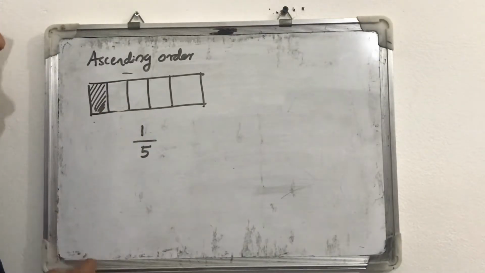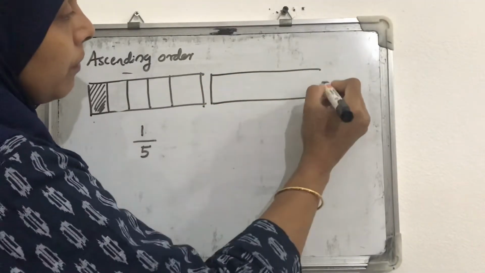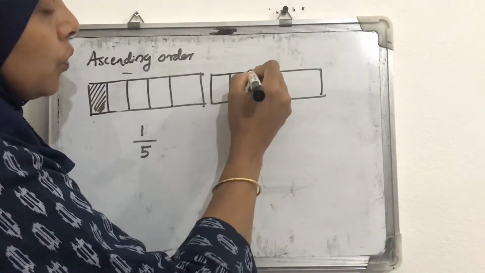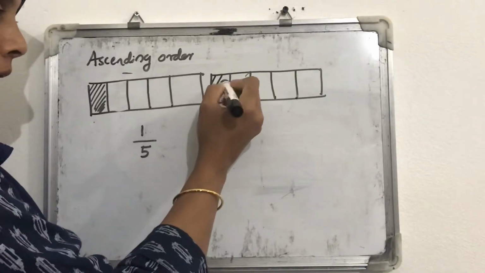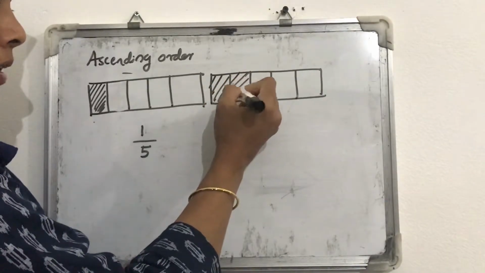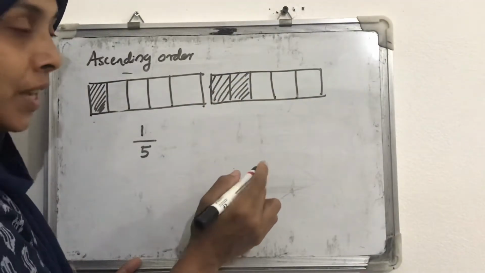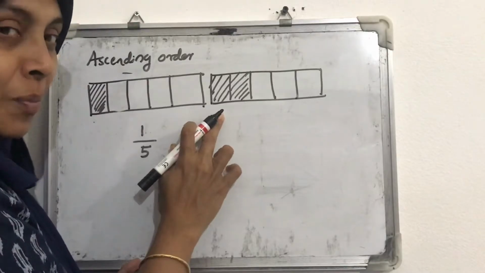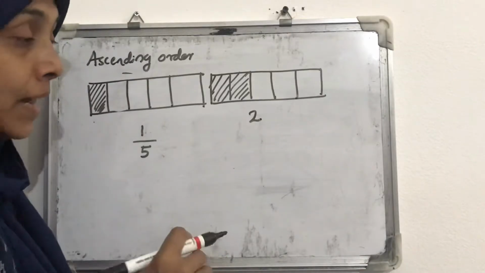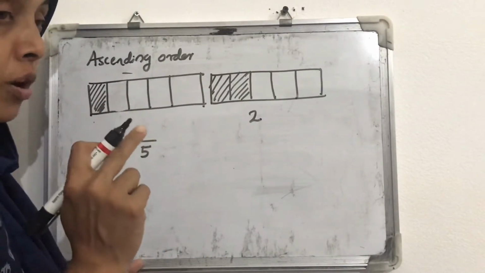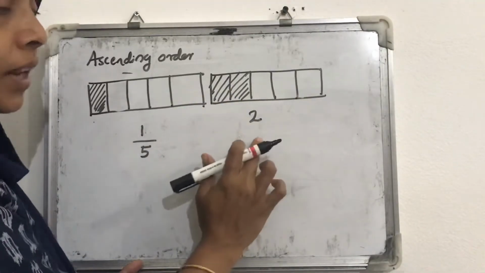1 by 5. Now the same figure I divided also into 5 equal parts. If we shade only 2 parts, then what will be the fraction of this shaded part? Only 2 parts are shaded, so that will be the numerator. When you write the denominator, don't make the mistake some people make: how many parts are remaining? 3, so they write 3 as the denominator.